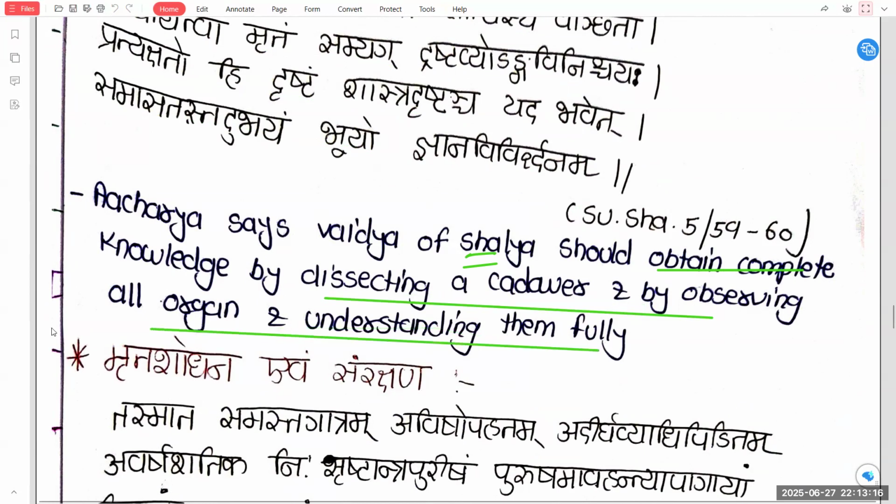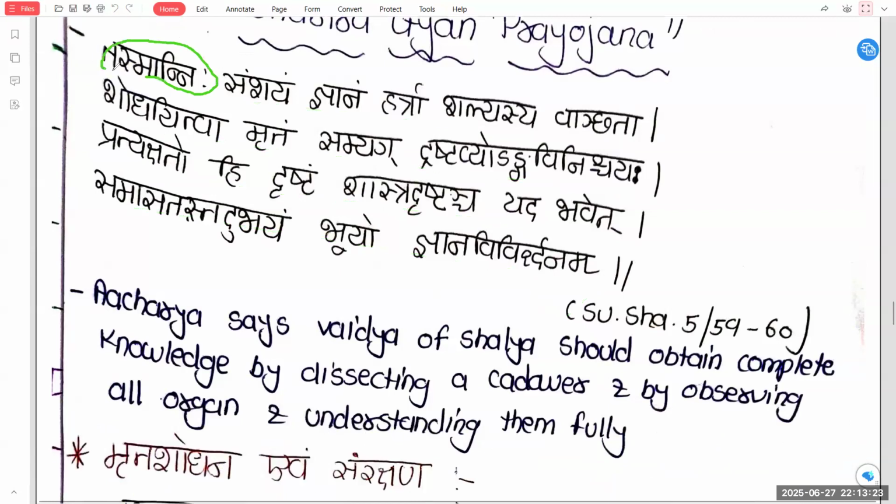What is said in the above shlok is: Tasminna, that is, in this science which you are going to learn about the Sharir, without any doubt, if you want to obtain knowledge in the Shalya Tantra which is undoubtful, without any sanshaya, then you should Shodhayitva Mrutam, that is, you need to do the dissection of the cadaver. Mruta means the dead body.